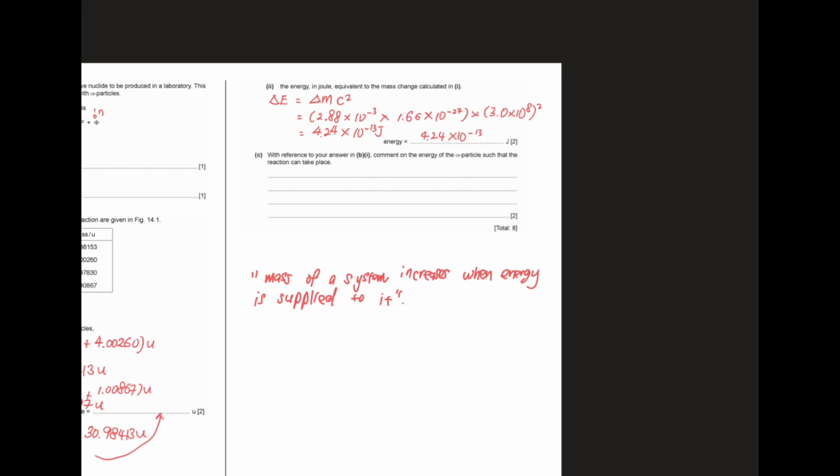We have already calculated the energy here. This is the energy that you need to supply to the system so that the mass increases. So we have to supply this amount of energy to the alpha particles so that the reaction takes place.